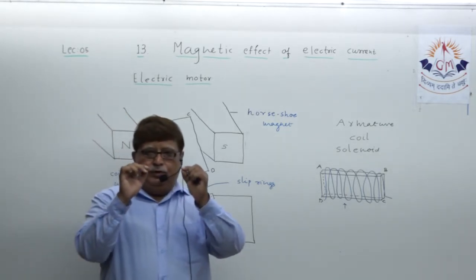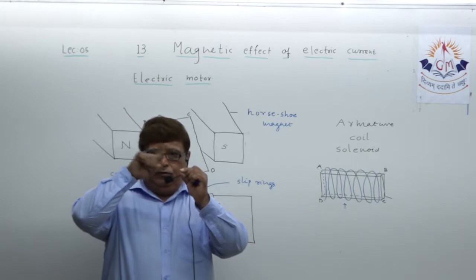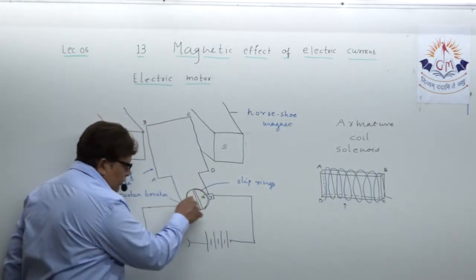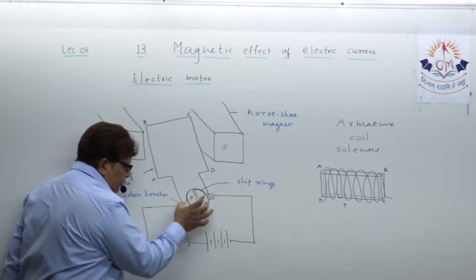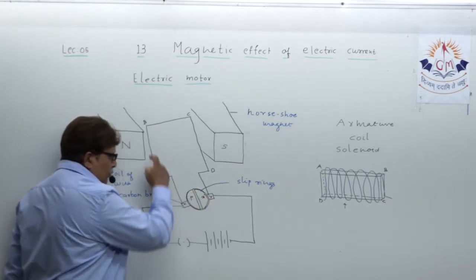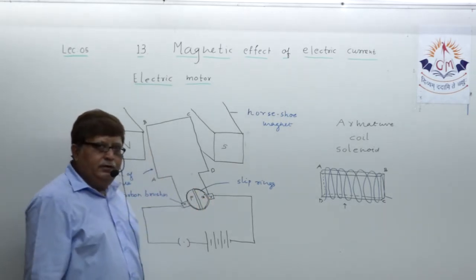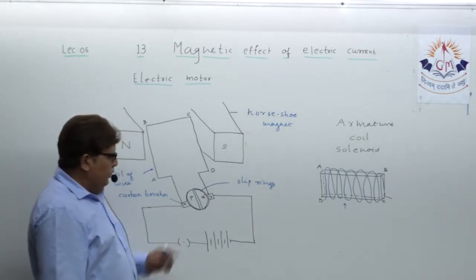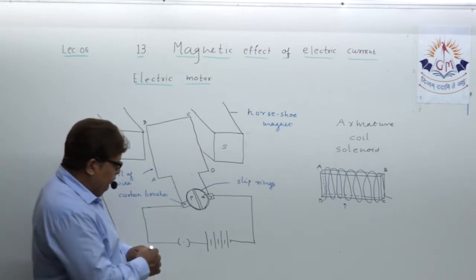The slip ring is going to rotate by sliding on the contact of the carbon brush. Carbon brush remains stationary to make sure that constant flow of electric current should flow inside the coil of wire.